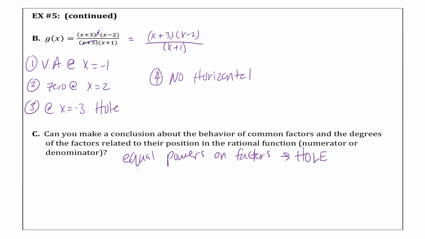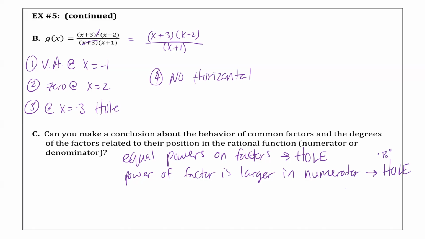If the power of the factor is larger in the numerator, you're also going to have a hole, which is what example B was telling you.